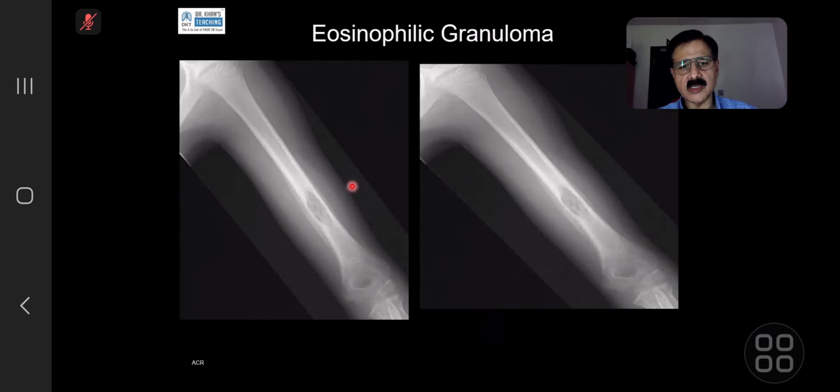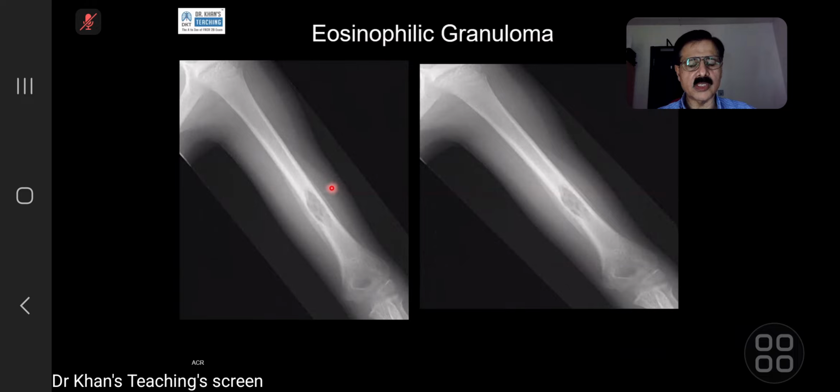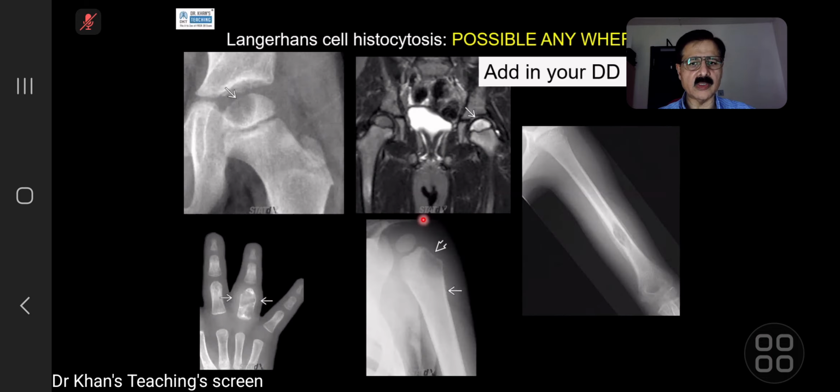And please remember that these vertebrae actually heal and become normal. This is similar to the first case which candidate 3 did. And even here, there is a lytic lesion with periosteal reaction. In this age group, LCH will be there.